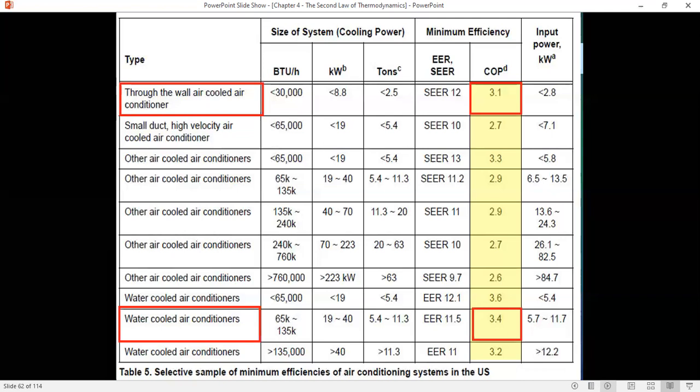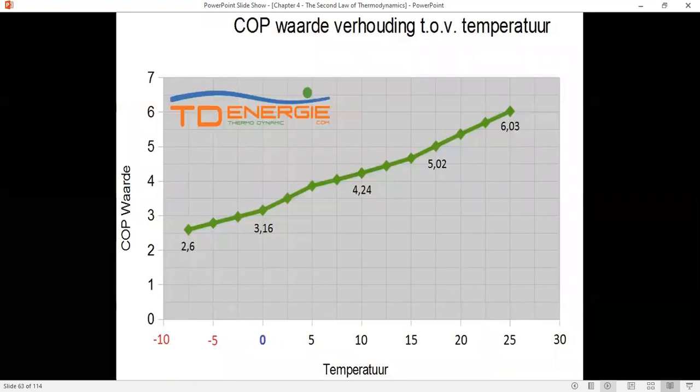All right. And here is a coefficient of performance for an air exchanged heat pump. This is using commas instead of decimals. So you can see when it's negative 15 degrees Celsius outside, coefficient of performance is only 2.6.